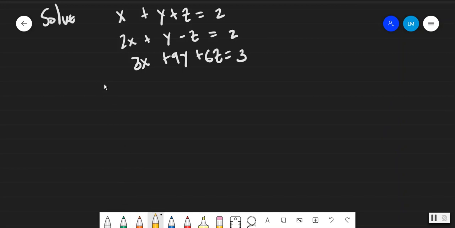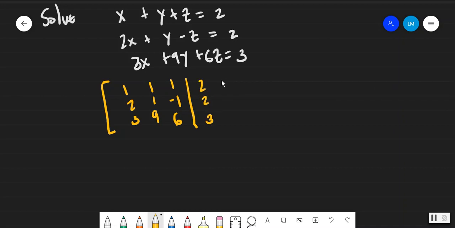So this system is going to be 1 2 3, 1 1 9, 1 negative 1 6, followed by 2 2 3. Okay, now the key is that we need this to be a 1, which it already is, followed by this to be a 0, that to be a 0, and so on.